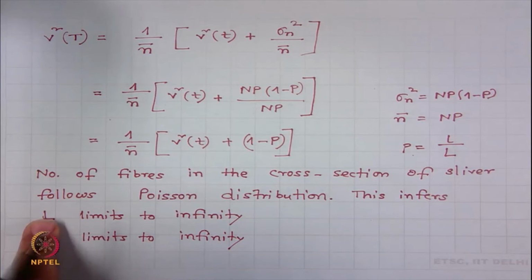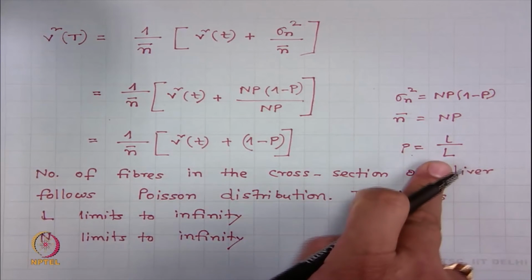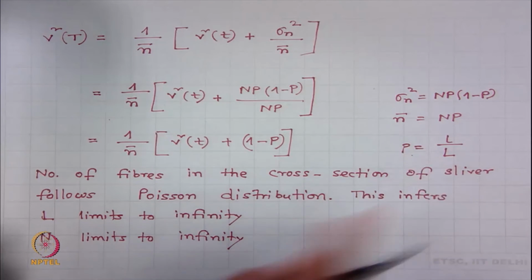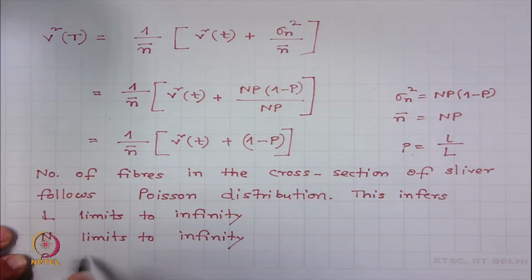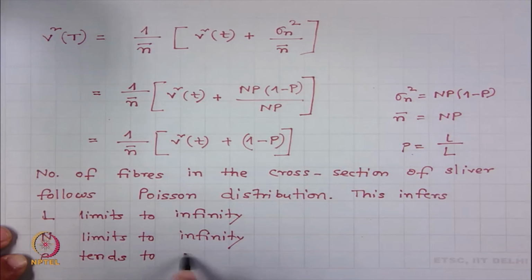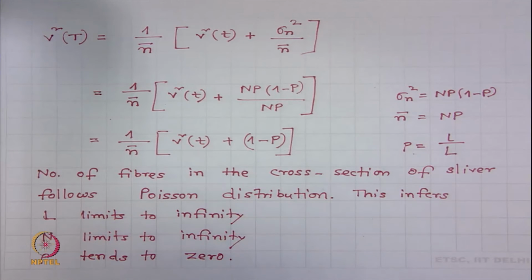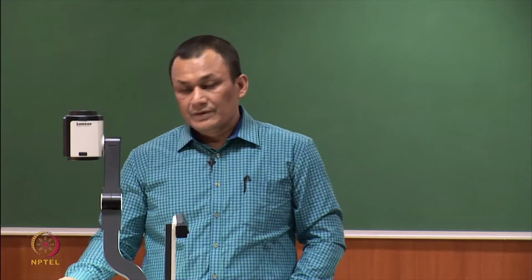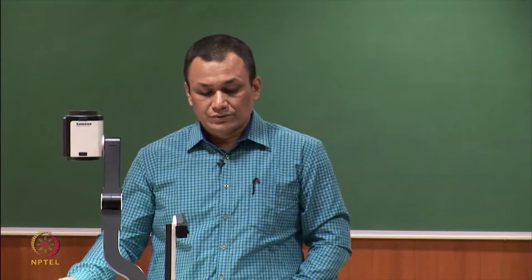When L limits to infinity, the probability tends to 0. So, under the assumption of Poissonian distribution, the probability becomes 0.